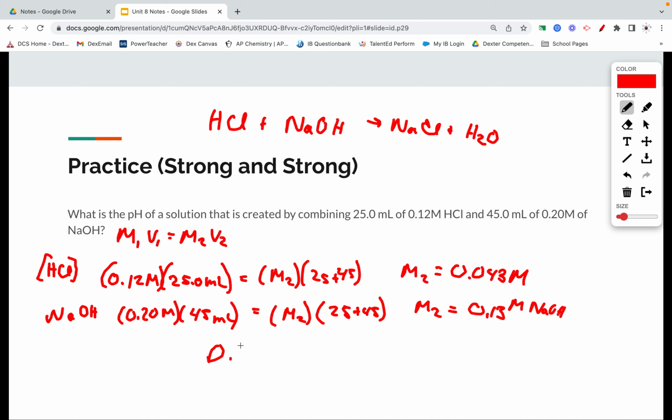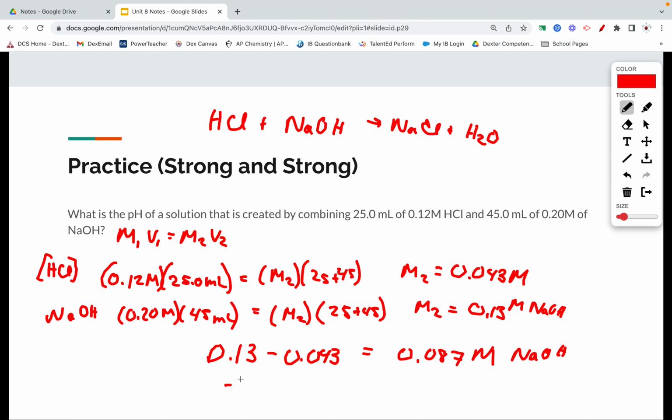We subtract the two. You could set it up as an absolute value, or take the larger number and subtract the smaller number from it. We get 0.087. This is how much excess sodium hydroxide we have, so our new solution is going to be based on the excess of sodium hydroxide.